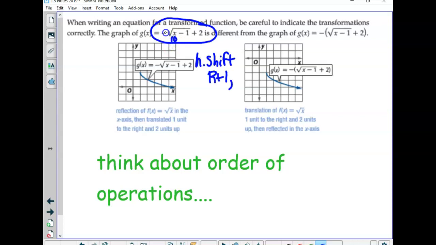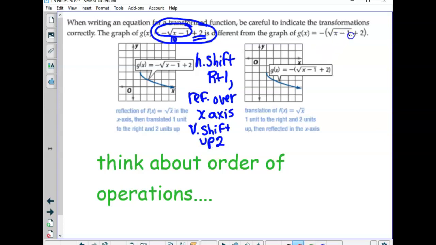The next thing would be do the opposite out here, and that was the reflection over which axis? Yep, over the x-axis, so upside down, okay? And then the plus 2 on the back, because remember, order of operation would say take care of all that, and then the last thing you do is the plus 2, and that is the vertical shift up 2.